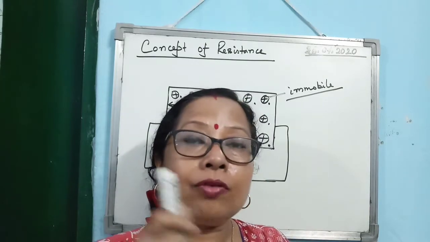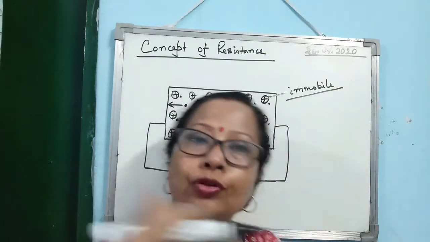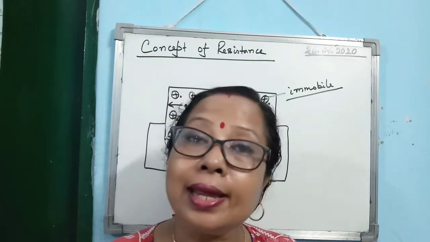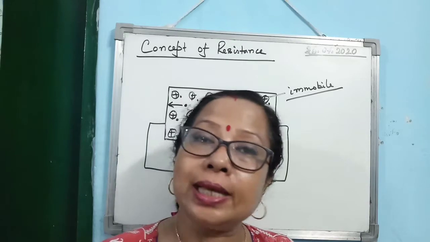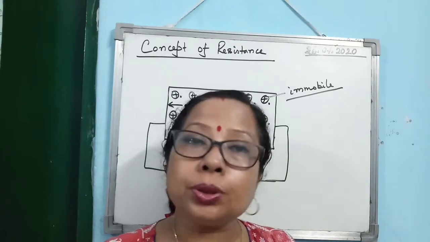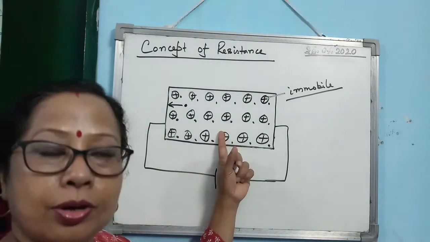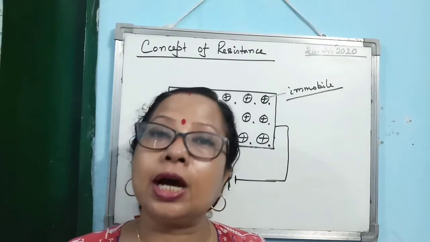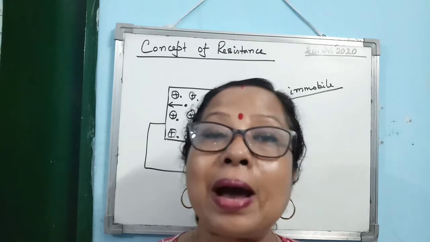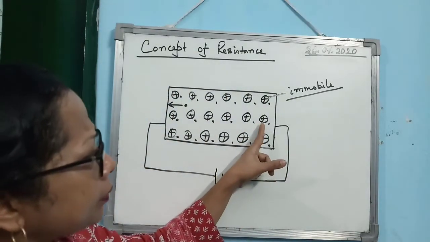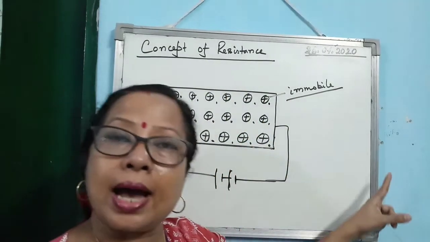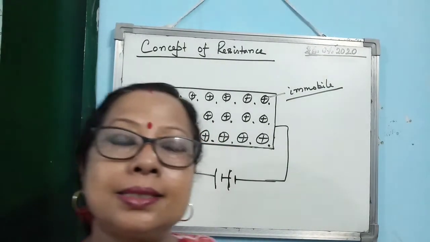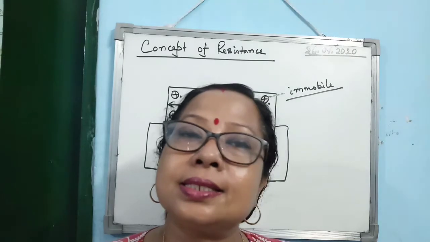So when the electrons try to move within them, they will oppose their motion. This opposition offered to the flow of current by the immobile positive ions inside the conductor is known as electric resistance.